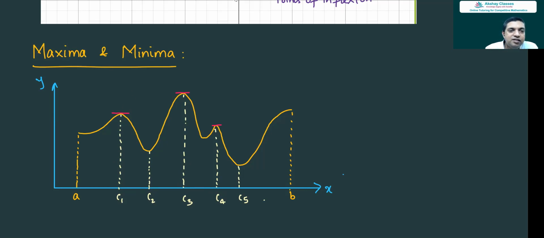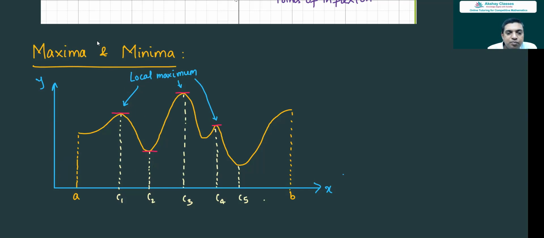So we call this a local maximum. These are local maximum values.